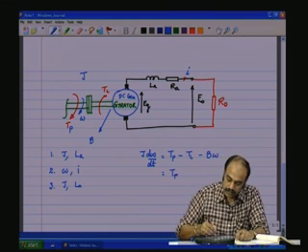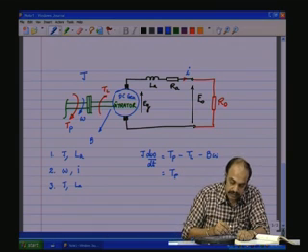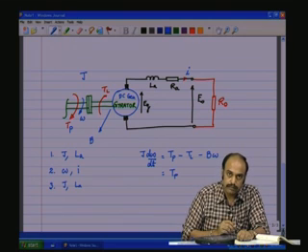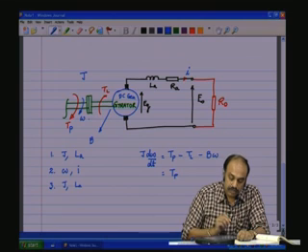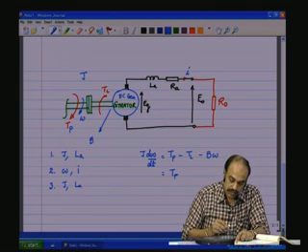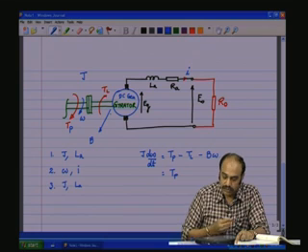Tp, the torque produced by the prime mover, has to overcome the J d omega by dt, the inertial torque. It should overcome the Lorentz force torque which is reflected from the load. It should overcome the friction torque, which is B into omega, due to the bearing friction.